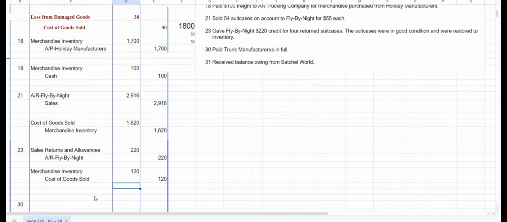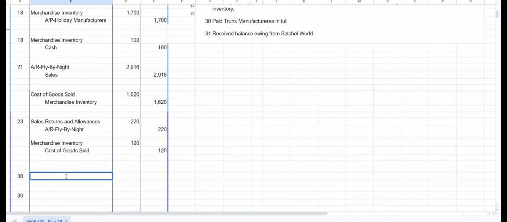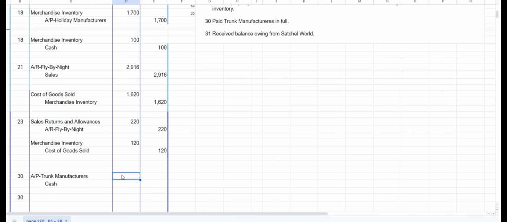Okay, now our final, not yet, but almost final transaction. July 30, paid Trunk Manufacturers in full. So that means you owed them something. So the debit account is accounts payable, Trunk Manufacturers. Credit account is cash, since the transaction is just saying that you're paying them.